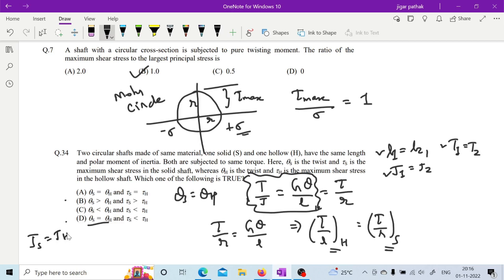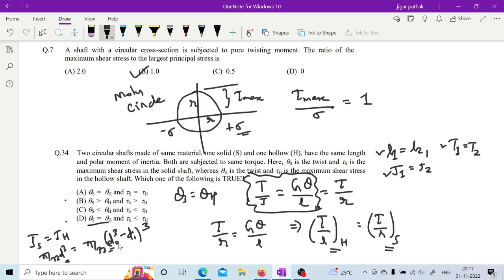Js is equal to Jh, so pi by 32 d cube is equal to pi by 32 into do cube minus di cube. It means the diameter of the solid shaft must be less than the outer diameter of the hollow shaft. Correct?